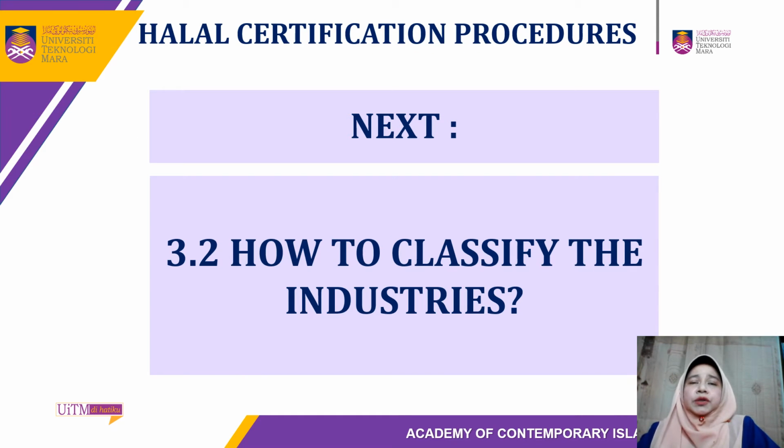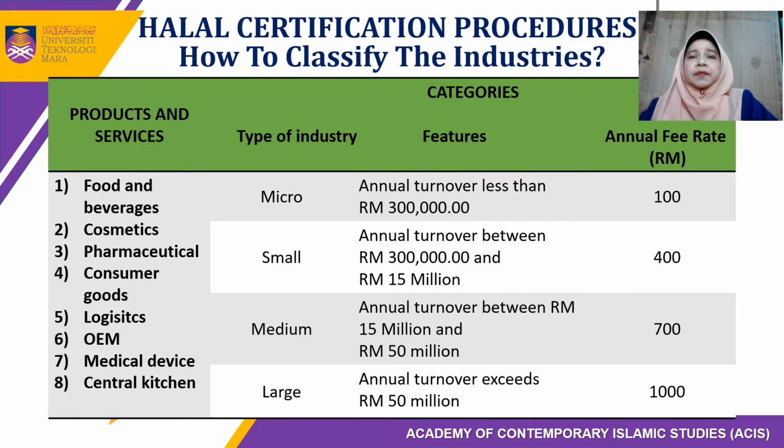Next, we go to 3.2, that is how to classify the industry. So these are the categories of the industry where we need to look into the type of industry, either micro, small, medium or large. And then we need to identify the features of the annual turnover.